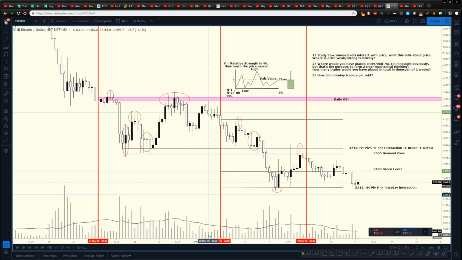This was actually a tricky one because the volume is not that high, but in context to what happened previously, this candle told us there was a strong rejection. There were more participants in the market than on previous candles. So we have some kind of confirmation for an impulse down.